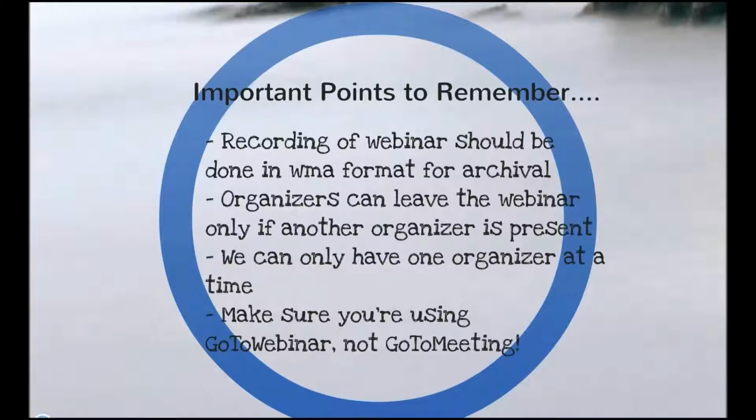I'll just briefly talk about GoToMeeting. I didn't do screenshots because it's very similar to GoToWebinar. Like I said, you can invite 25 people maximum. You click on the GoToMeeting icon on your computer once you've downloaded it and after you've become an organizer, and you can choose schedule a meeting or meeting now.